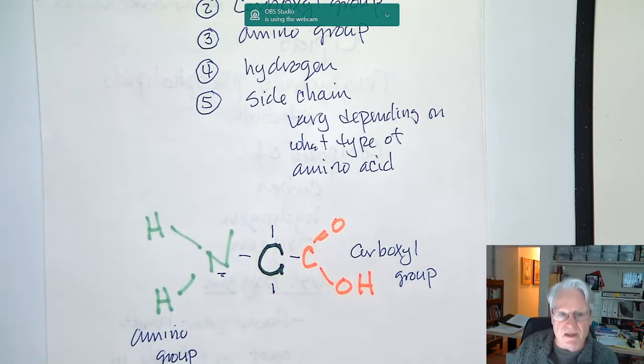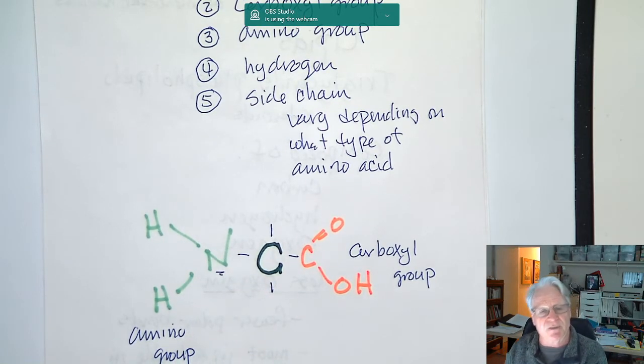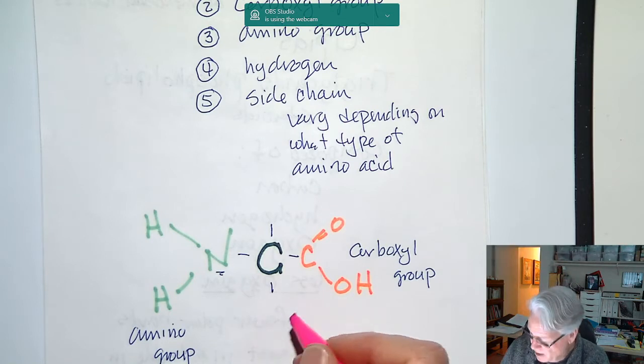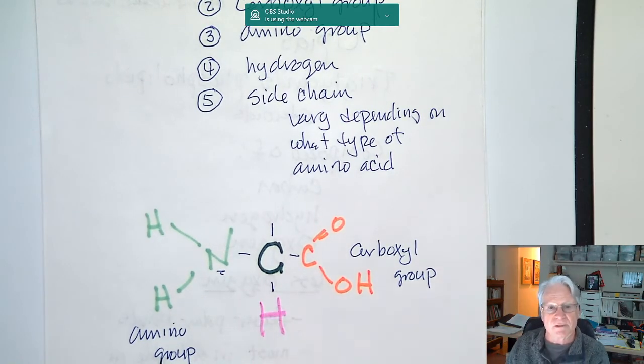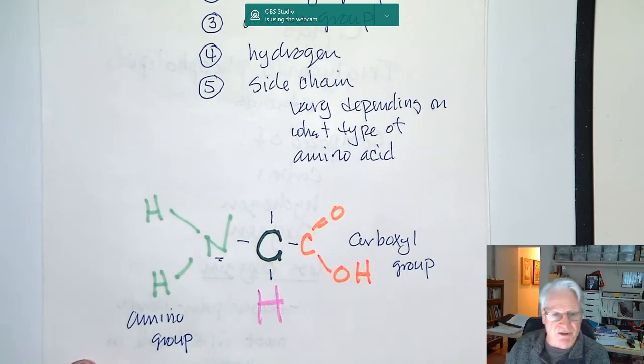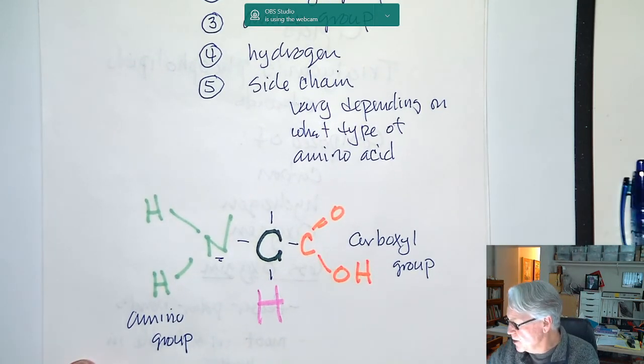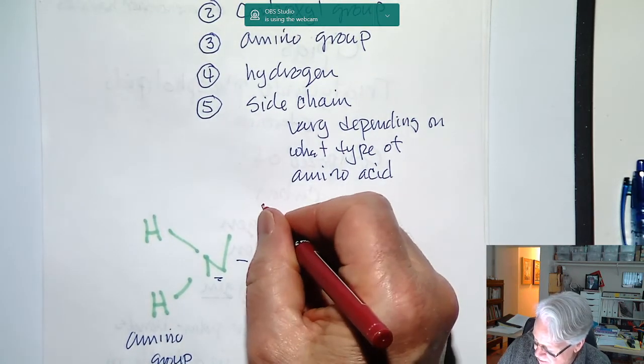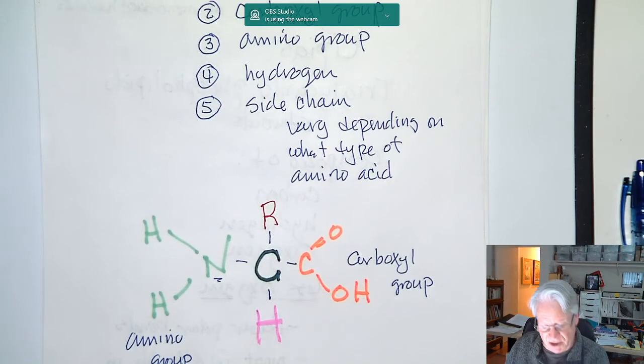And there you see the nitrogen. That's part of the elements that make up a protein. Then right here, we're going to have a hydrogen, and that's self-explanatory. It's just a hydrogen. And then right here, this is going to be our side chain.